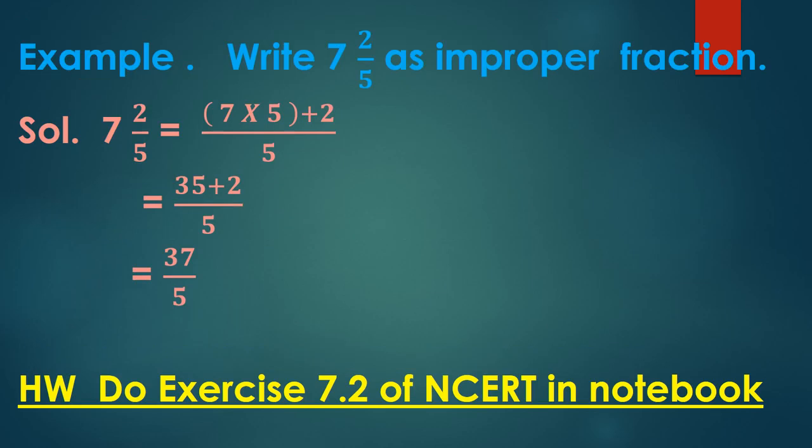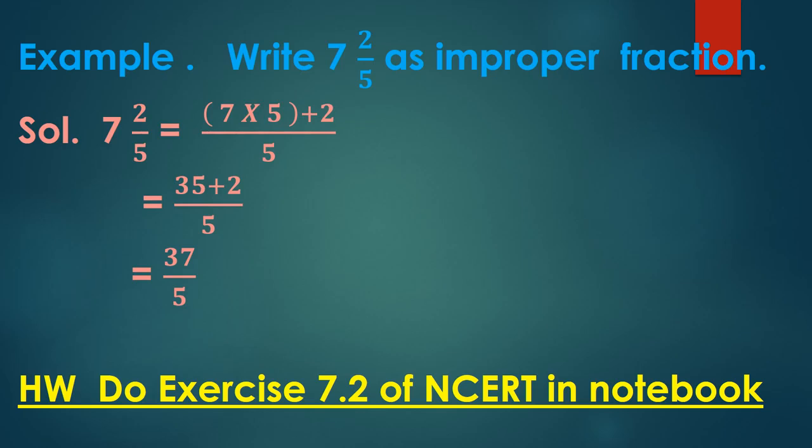Now see one example of this also. Write 7 2/5 as an improper fraction. This is a mixed fraction because in this the natural number part is there and the proper fraction is also there. Natural number part is 7 and 2/5 is a proper fraction. Now we have to convert this mixed fraction into an improper fraction. Now what is the formula?